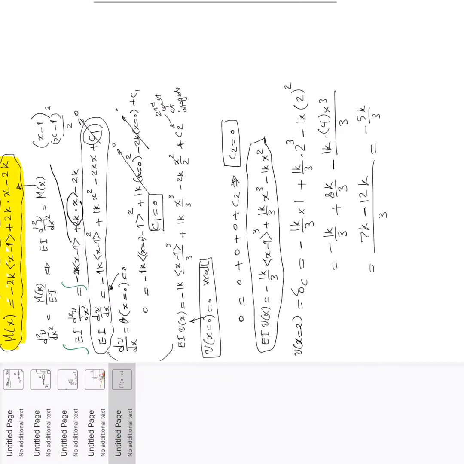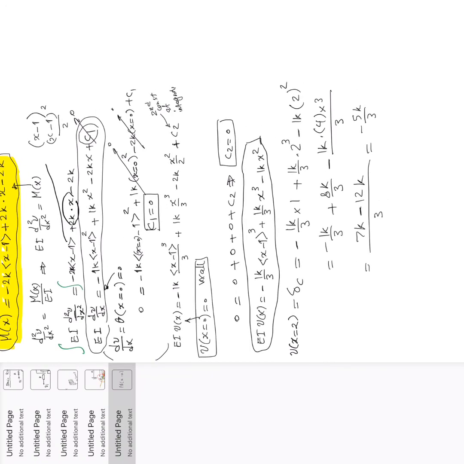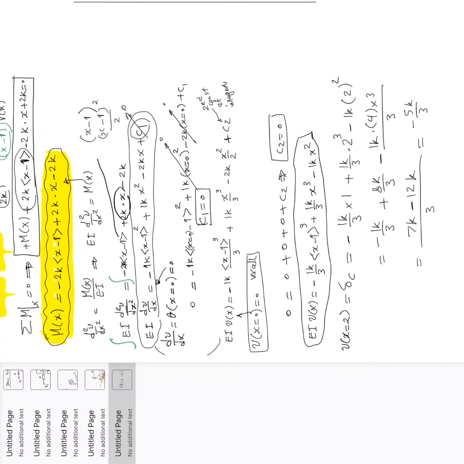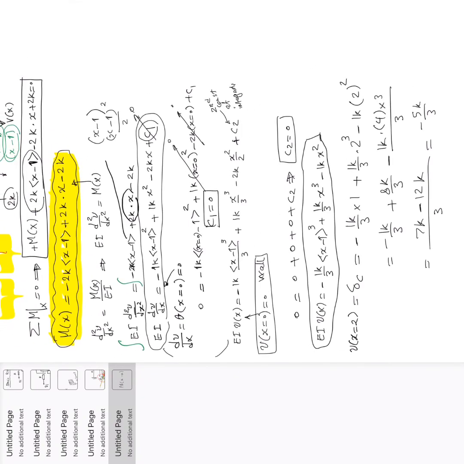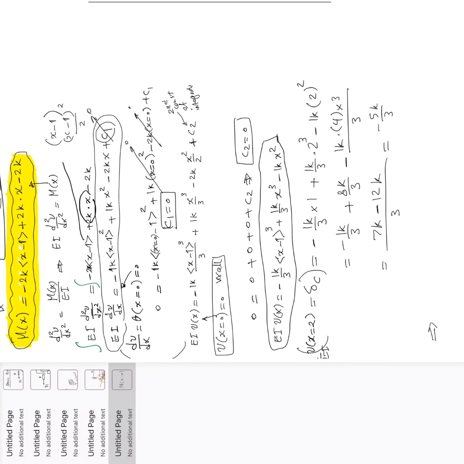So this is the deflection at point C, and don't forget there is also EI multiplied by that on the left. So the deflection at point C is equal to negative 5k over 3 EI.